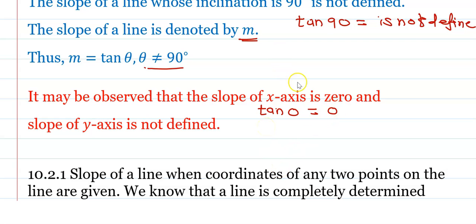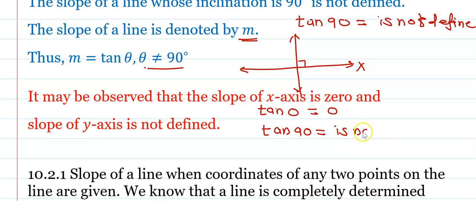If we draw the coordinate axes like this, this is the x-axis with no inclination, therefore its slope is 0, and this is the y-axis. It makes an angle of 90 degrees with the x-axis, and in trigonometry the value of the ratio tan 90 is not defined.